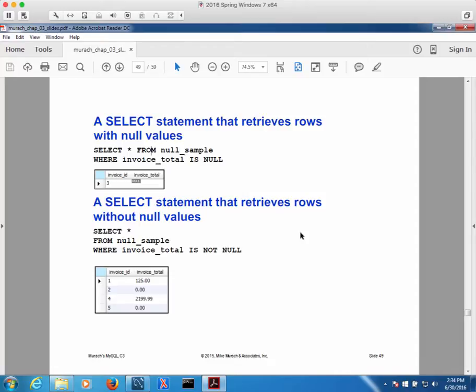Invoice total is not null will get you what you want. Invoice total not equal null will not get you what you want. So you need to use is null and is not null to get you what you really intend in those situations. This is a common error.